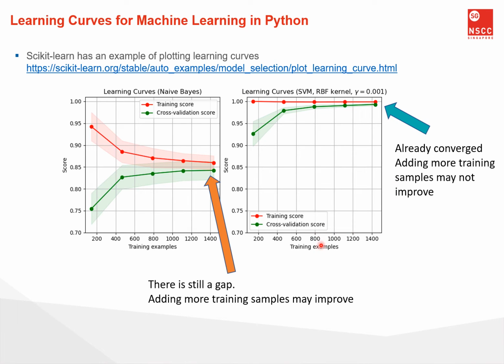There's very little point to add more data and try to improve the model by giving it a larger data set. This doesn't mean that you cannot attempt other methods. For example, not just adding more data, but doing some feature engineering. If you can engineer a more relevant feature, you can improve the performance, or you can do hyperparameter tuning to also improve the performance.